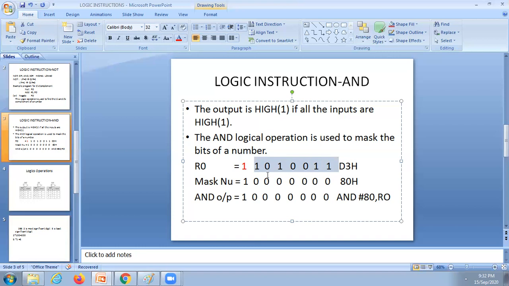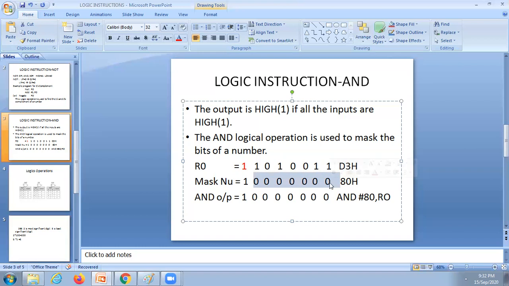I want only this, so I will use a mask number, mask data. In the mask number I put only 1 where I want to know the digit. All the other bits I make 0, because they are not important for me.